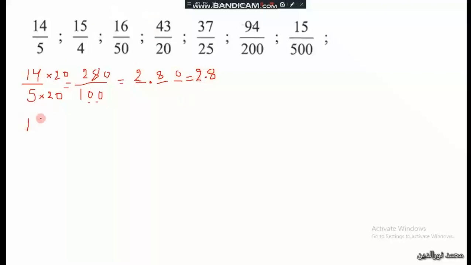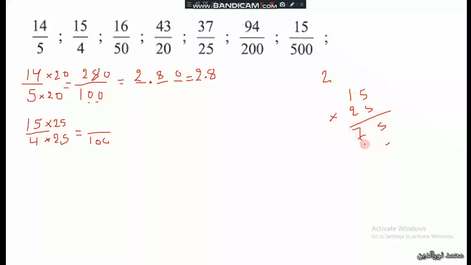Then we have 15 over 4, so 4 is multiplied by 25 to become 100. 4 times 25 is 100, and 15 times 25, so here we do 15 times 25. 5 times 5 is 25. 5 times 1, 5, and 2, 7.